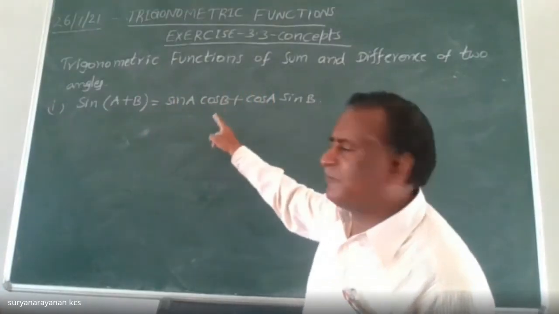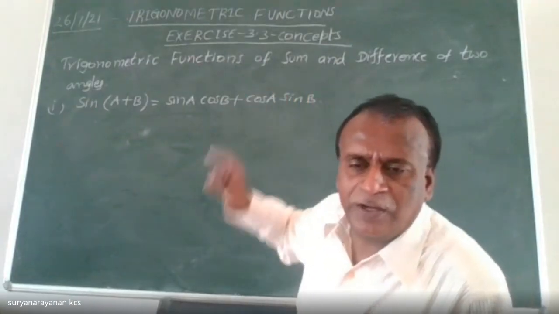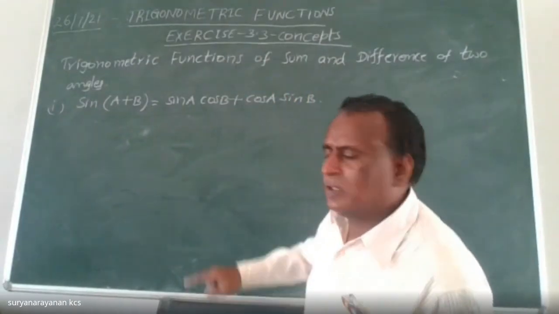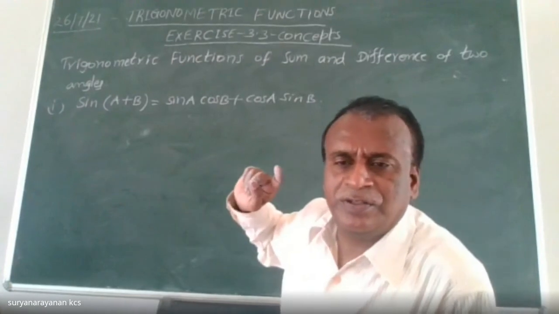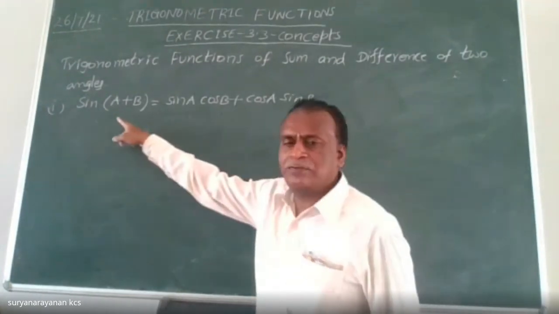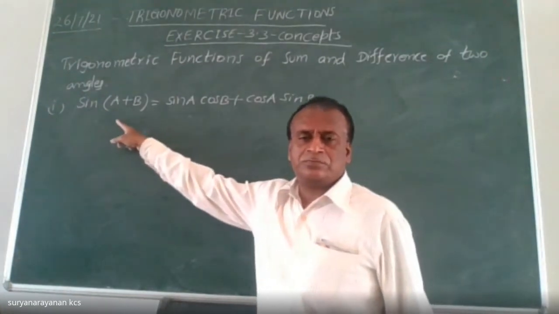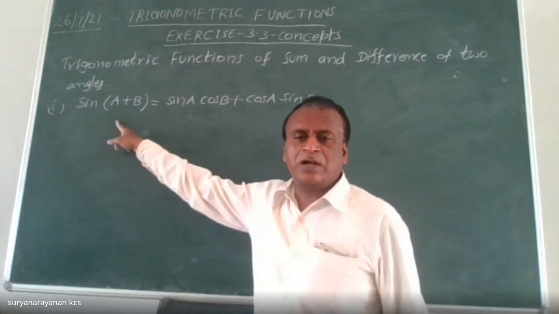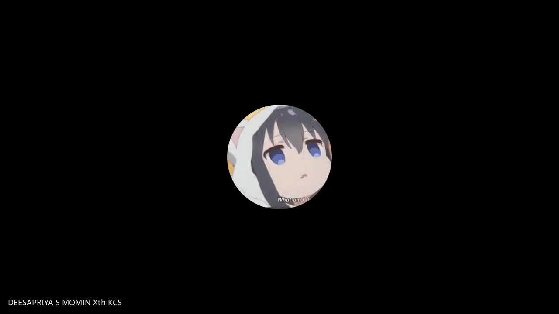Mahima, read this formula. Sin of a plus b is equal to sin a cos b plus cos a sin b. Very good. Maria, read. Sin of a plus b is equal to sin a cos b plus cos a sin b. Don't make a mistake. Disha, read this formula.